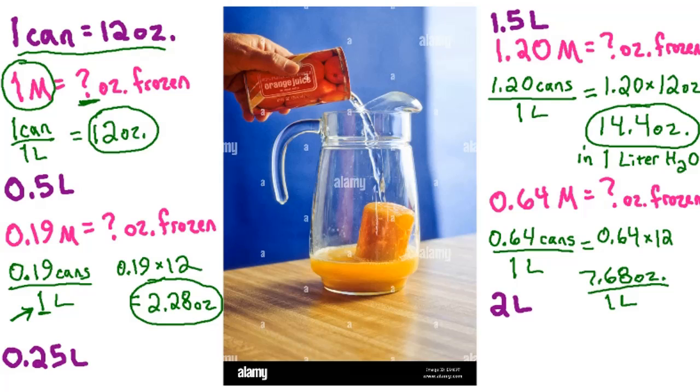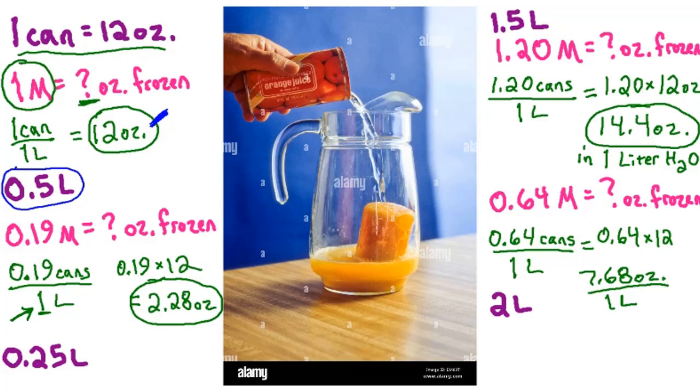with these measurements. So let's go up to the top left first, the 1 molarity, and the 1 molarity gave us 12 ounces of frozen orange juice. But we didn't make a whole liter of orange juice. We only made 0.5 liters of orange juice in this scenario.